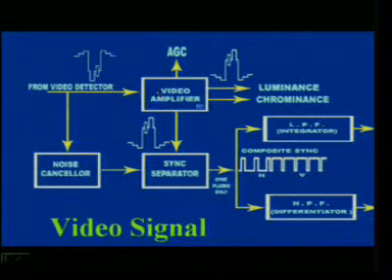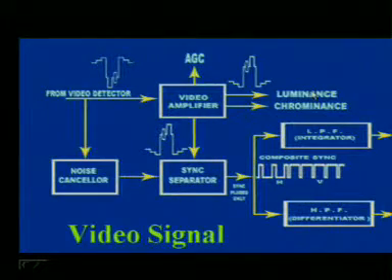In this video amplifier, the signal is sent to various stages. One is AGC, also called automatic gain control. Another is luminance, which is related to the black and white picture. Another area is chrominance, which is related to the color signal, and the last one is the sync separator.